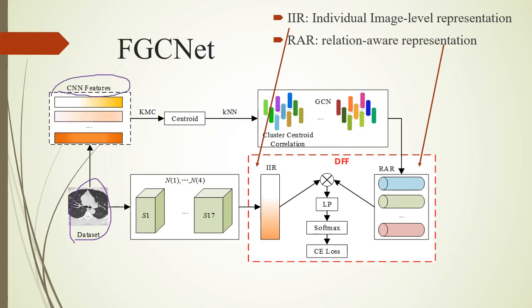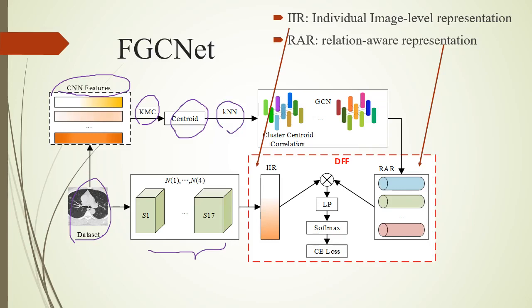Here it shows the CNN features, and we use in total 17 blocks to extract them. The CNN features will be passed through the K-means clustering method to calculate the centroid. Here we can see the centroid, and then again we use the K-nearest neighbors to help construct a graph.